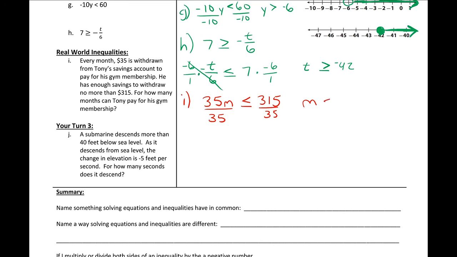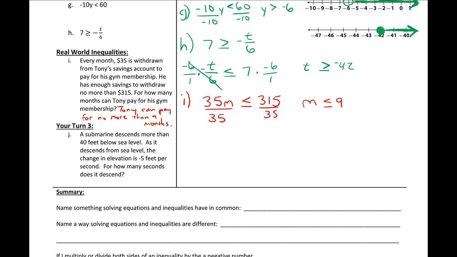And we have m is less than or equal to 9, which means Tony can pay for no more than 9 months. All right, pause here and take a look at the return 3 problem.